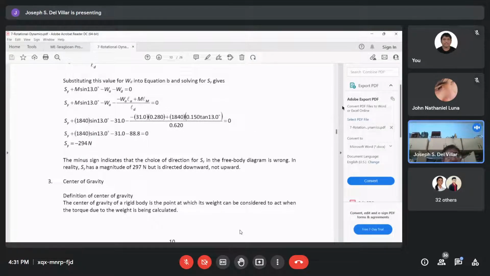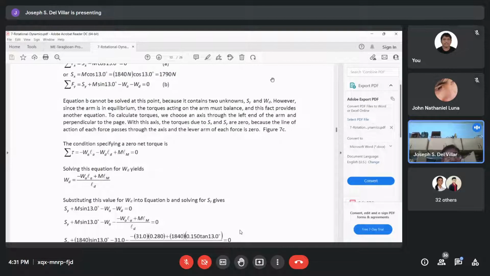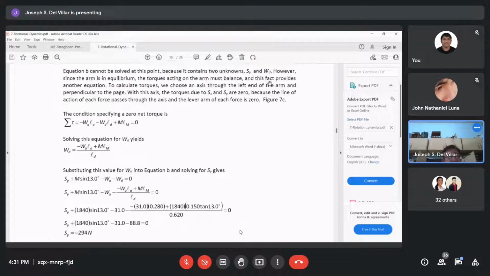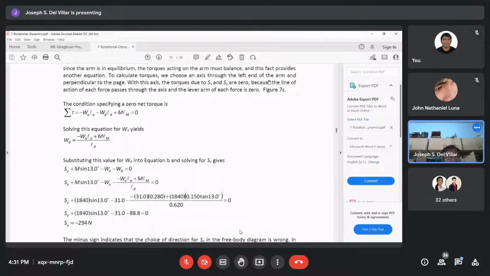What is the weight of the dumbbell using the torque equation? 1,840 sine 13 times 0.15 minus 31 times 0.28 minus WD times 0.62 is equal to 0.